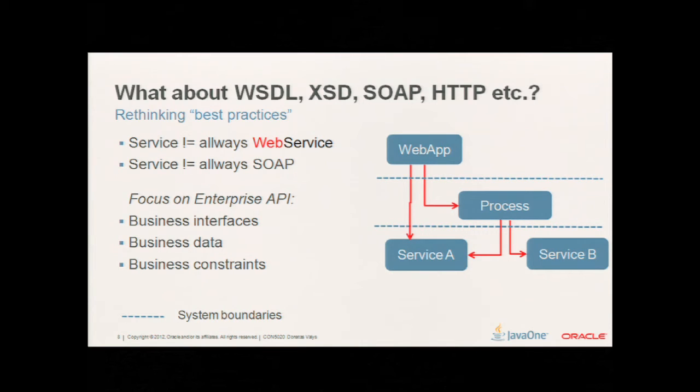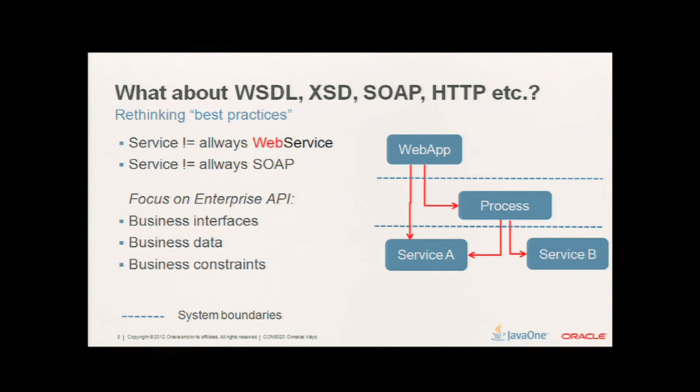So the name might be Enterprise API, might be a sexier name for SOA, because we live now in kind of an API economy. The systems you are building for your customers or your products need to be open because of various consumers, for example, mobile.